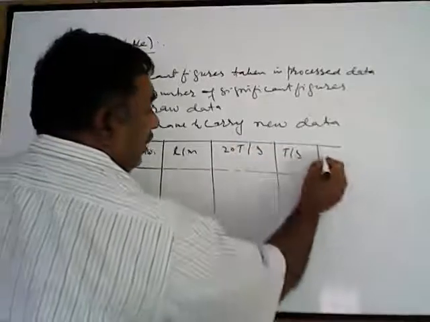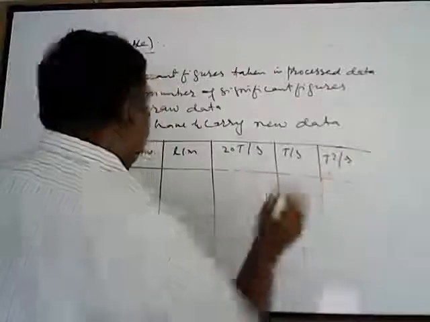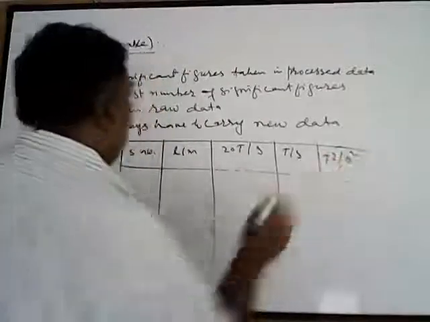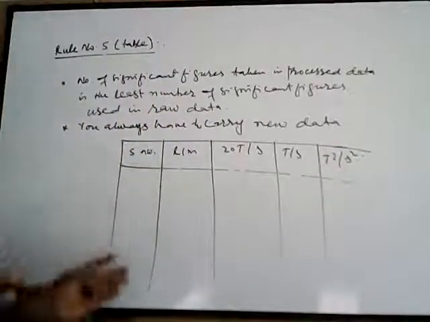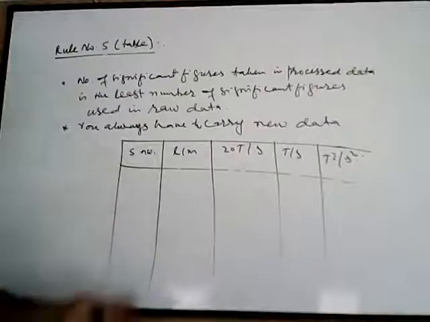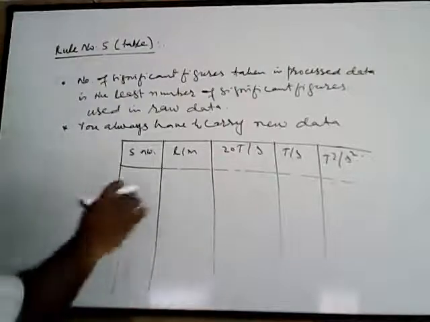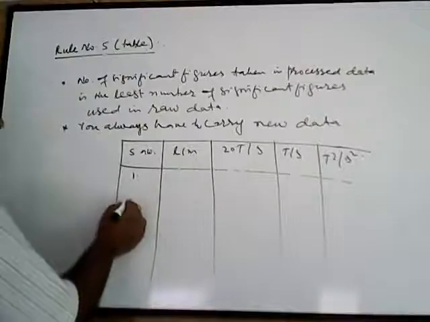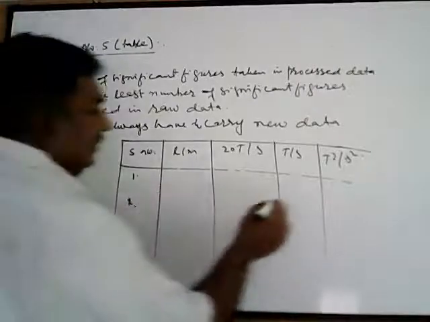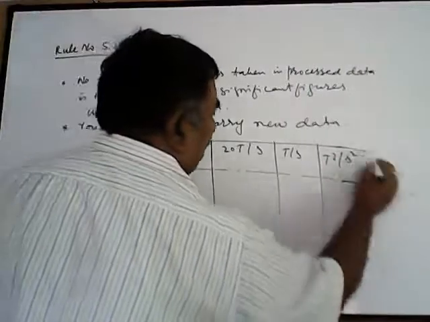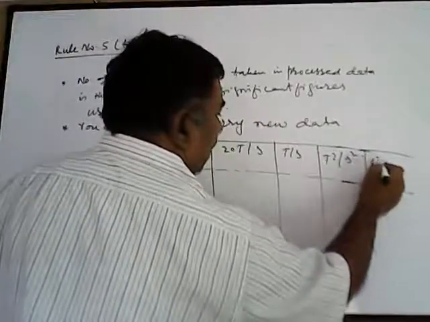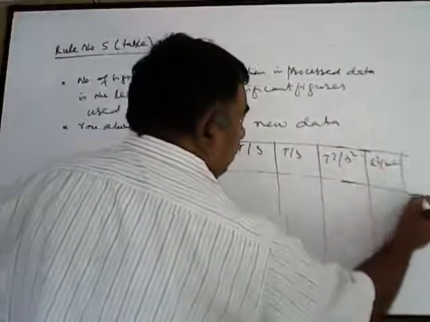I have to calculate t square. These are just suppositions. I'm just giving fake readings. I'm not concerned whether these readings are right or wrong. I'm just giving you an example of how it will be calculated. Suppose here is t square in second square, and then here is L square in meter square.